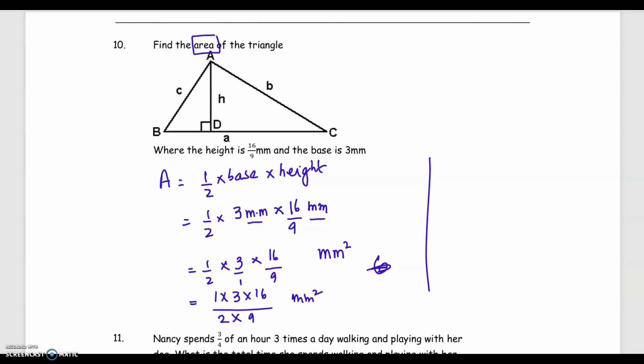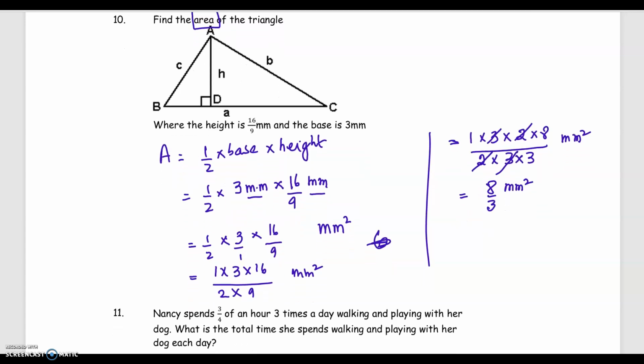I'm going to simplify by cancelling common factors. Sixteen is 2 times 8 divided by 2 times, and 9 is 3 times 3 millimeters squared. So we cancel common factors, 2 and 2, 3 and 3, and we are left with 8/3 millimeters squared.